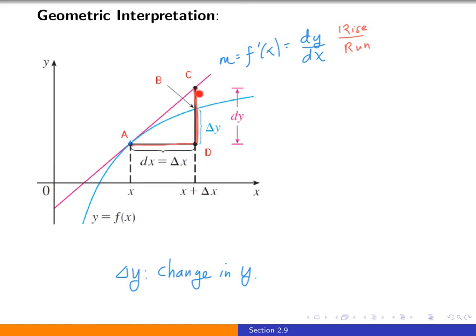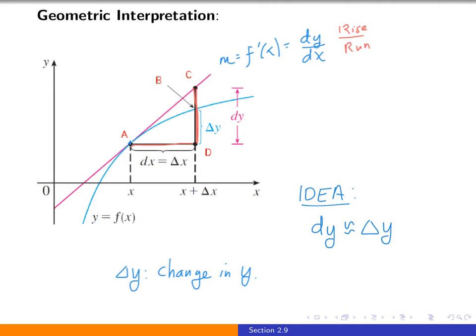Clearly they're not the same, there's this small difference here, but as we make this change of x smaller and smaller, we get a better and better approximation. So the main idea from a geometric perspective is that the differential dy is going to allow us to approximate a change in y.